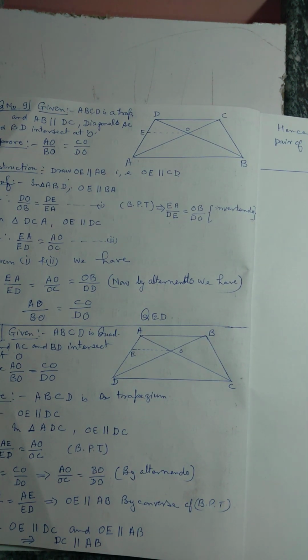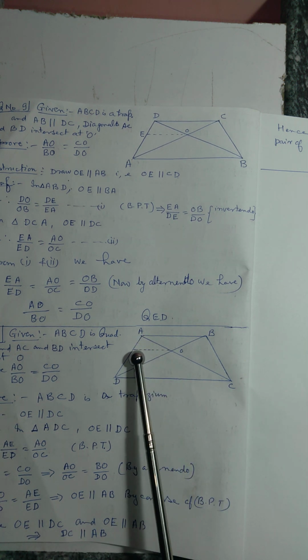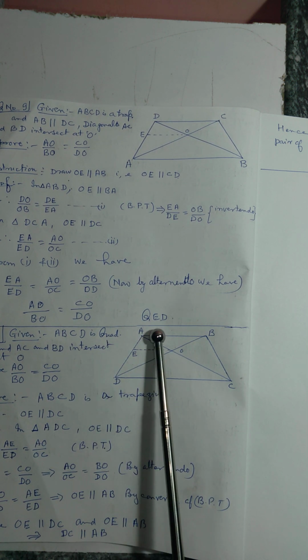Question number 9 states that ABCD is a trapezium in which AB is parallel to DC and its diagonals intersect each other at the point O, so that AO upon BO is equal to CO upon DO. You see here, ABCD is a quadrilateral.